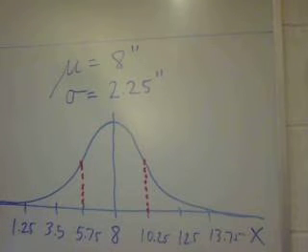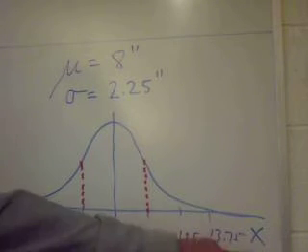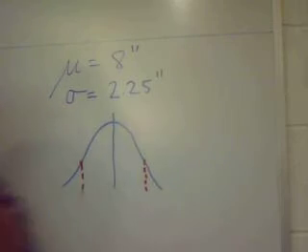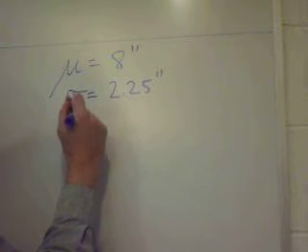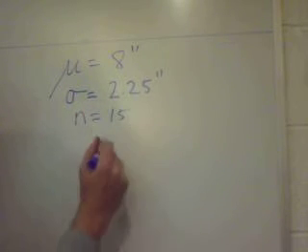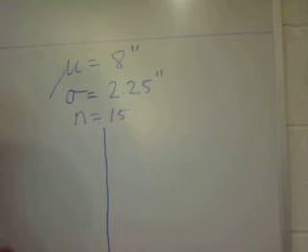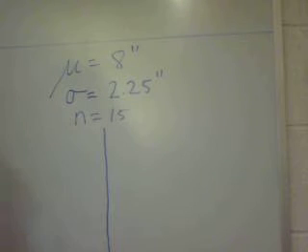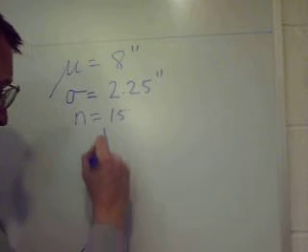Now, question 6 on your practice final talks about taking a sample of fish. So instead of one fish taken out of the lake at random, we're going to start by taking 15 fish at random. Let's assume we're going to take 15 fish at random and take the mean of their lengths.